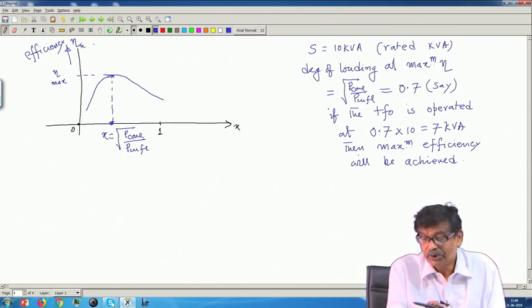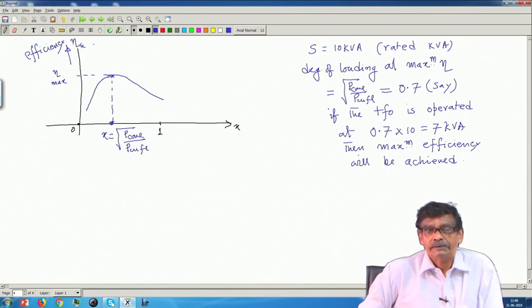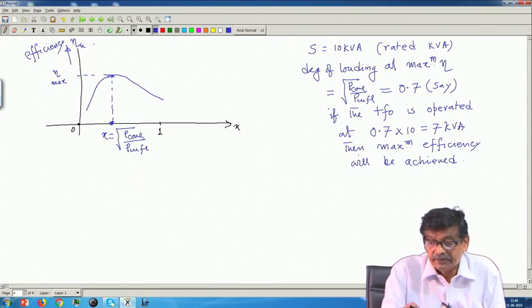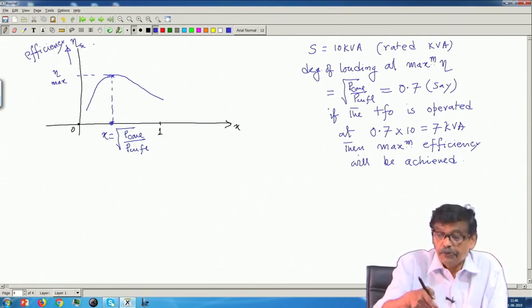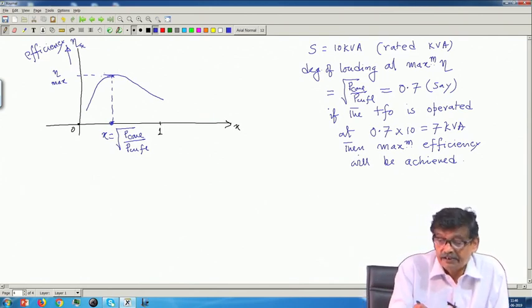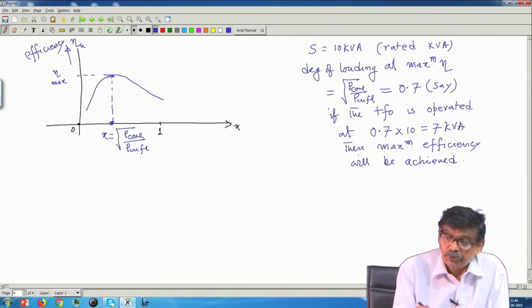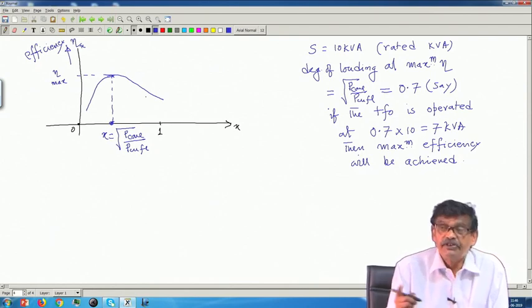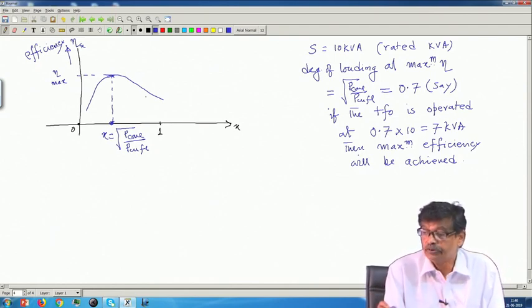Of course, I should not forget to attach another condition that I have imposed upon the efficiency expression. What is that? This curve is true for a fixed power factor angle, cos theta, which I assumed constant.